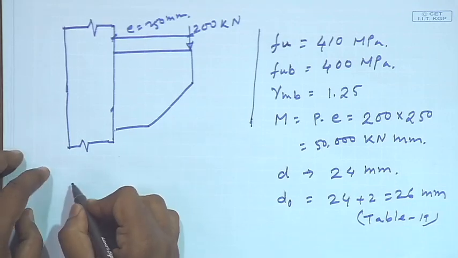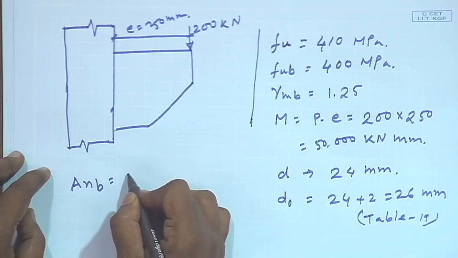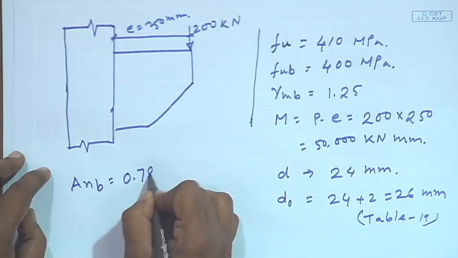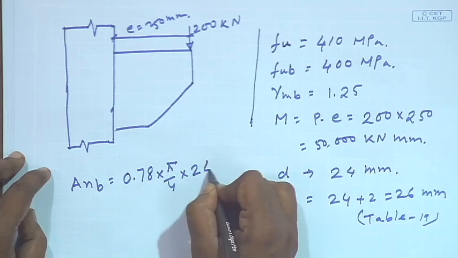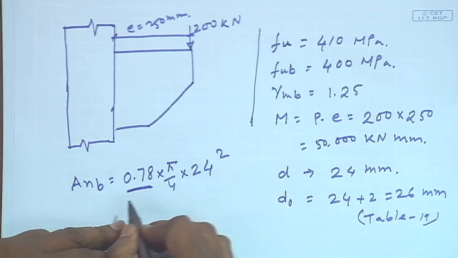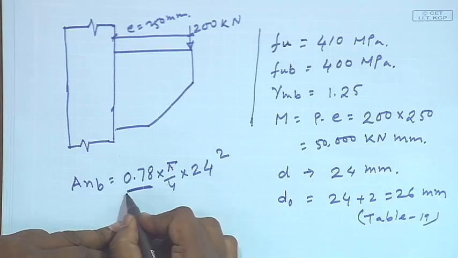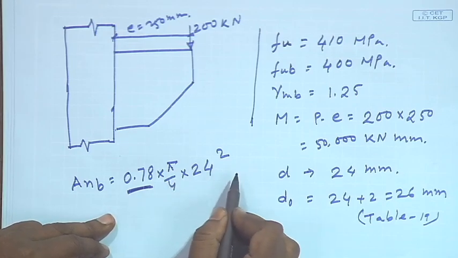Now, ANB, the net area, we can consider as 0.78 into pi by 4 into d square. We are multiplying by 0.78 thinking that the shear plane is passing through the threads, otherwise it will be pi by 4 into 24 square.